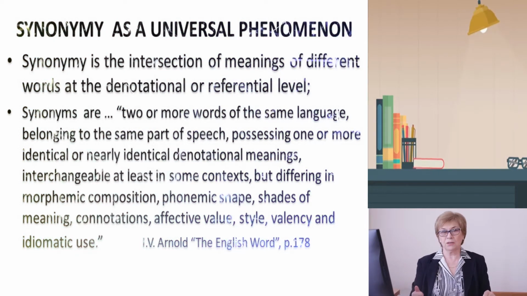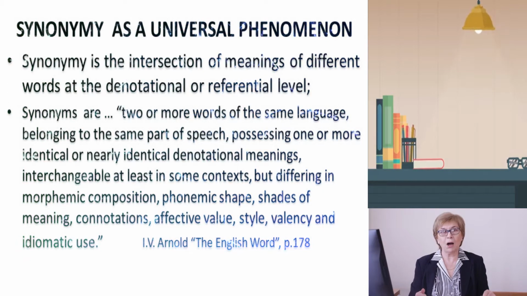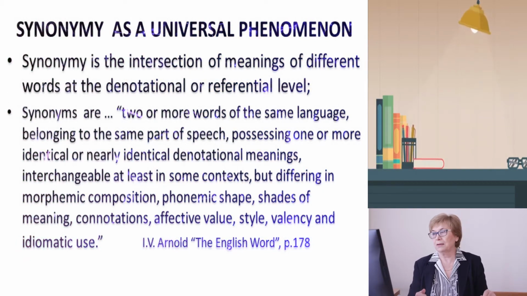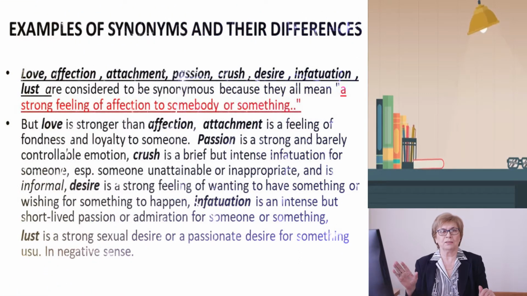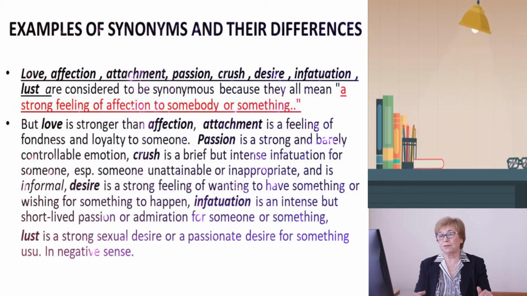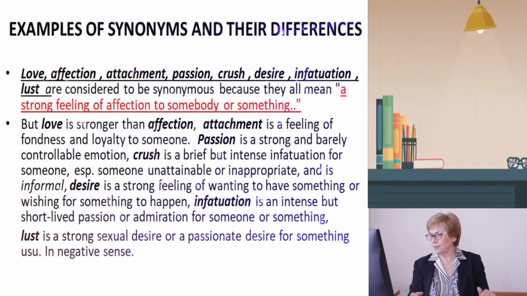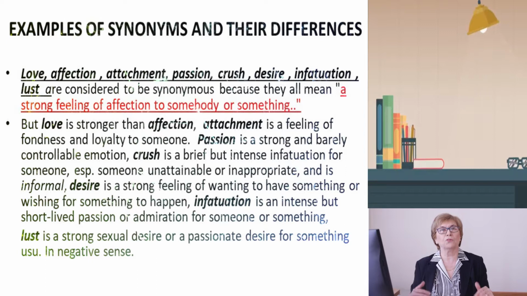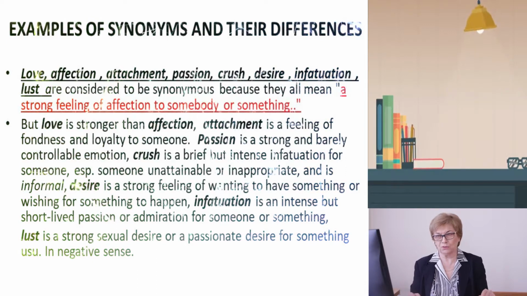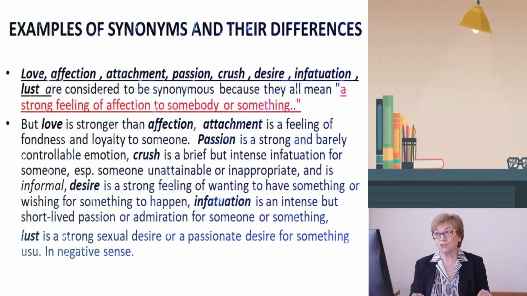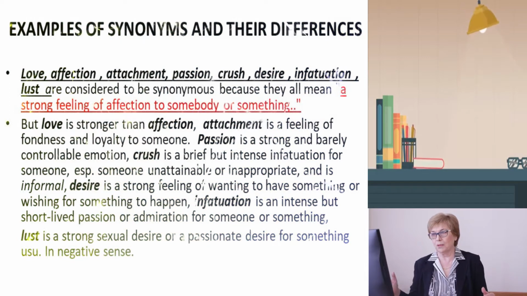Okay, well, now here is just one example of how we can express the feeling of affection or attachment in English. This is not an exhaustive list. There are many more words to express the feeling of affection, but I chose here several of them, and they are, of course, love, the most frequently used word, but there is also affection, attachment, passion, crush, desire, infatuation, lust, and many more words.